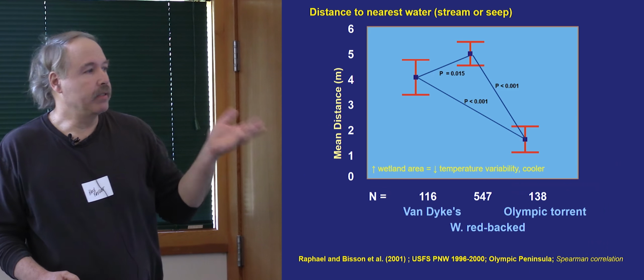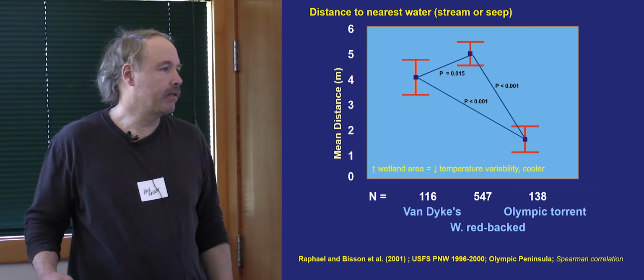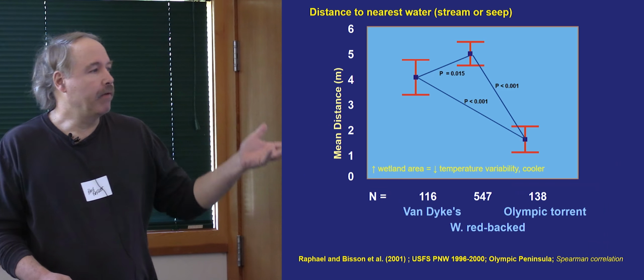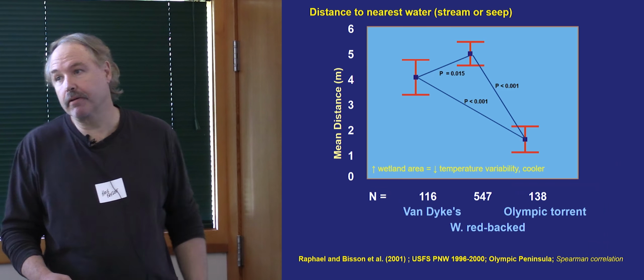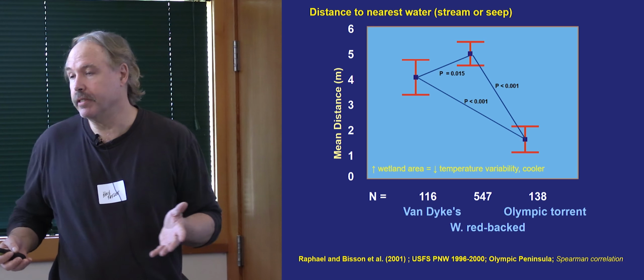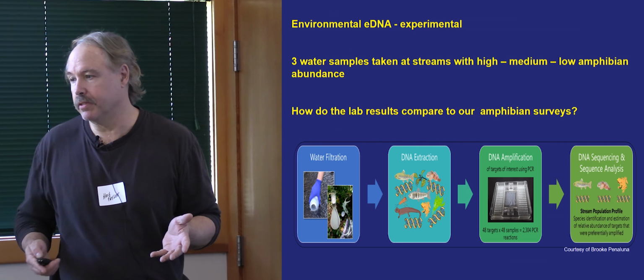So just a tidbit from that previous work, we found that these 3 species in particular were highly associated with water. Just for reference, the Van Dyke's and the Western Redback are what we call plethodontid salamanders. They're lungless. They breathe through their skin, so they need high moisture levels to be able to do that.